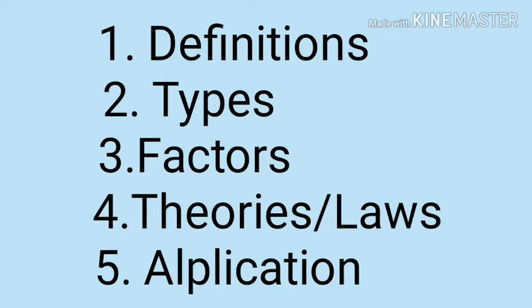And the fourth thing is the theories or the laws. And fifth thing is the application. So these are the 5 important topics: the definitions, types, factors, theories, and application in nursing. These all 5 topics are present in all the subtopics we have discussed.